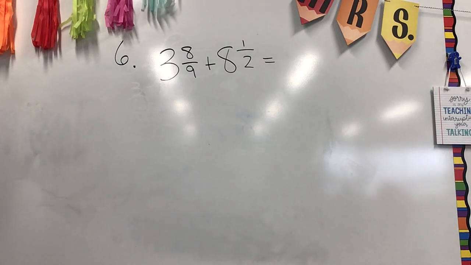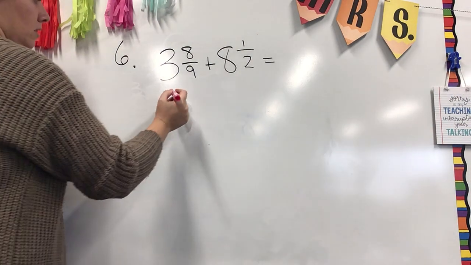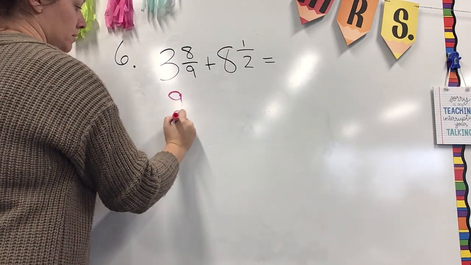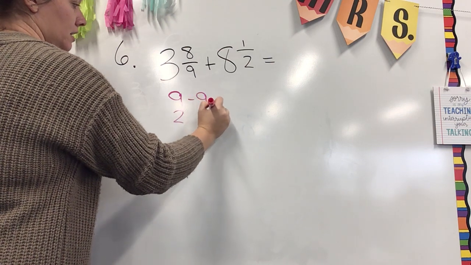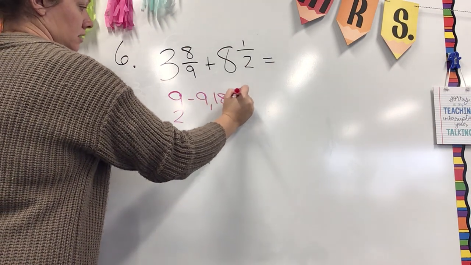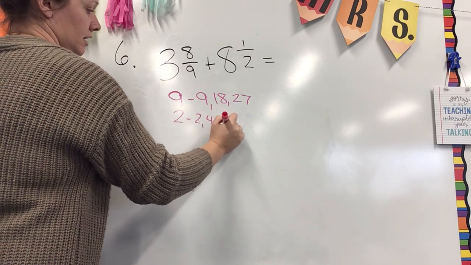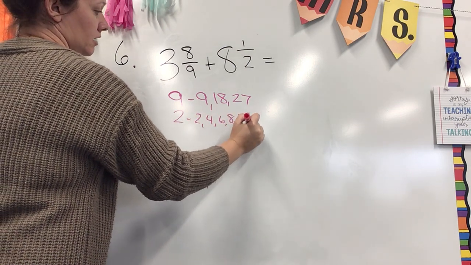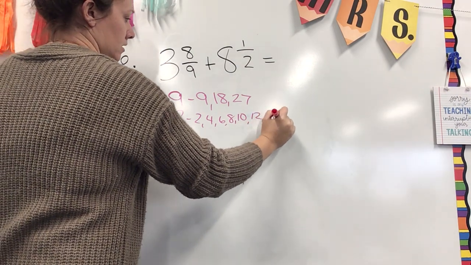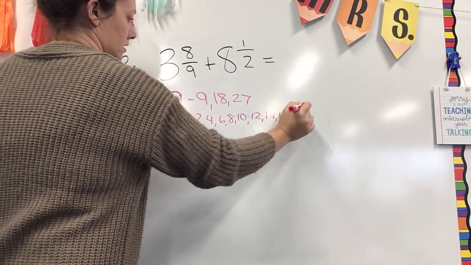All right, let's start working through it together. Do I have like denominators? No, so we knew we had to make a list of our multiples. 9, 18, 27. 2, 4, 6, 8, 10, 12, 14, 16, 18.